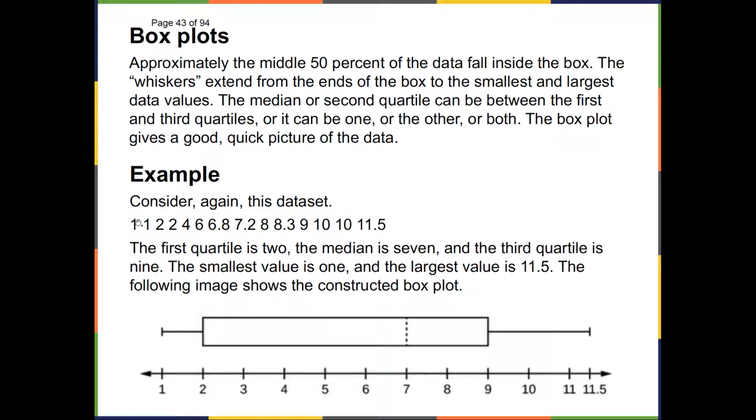The lowest number is 1, so that's my 1 right there. My highest point is 11.5, that's my point right there. I would then need to calculate where the first quartile, the third quartile, and the median are.